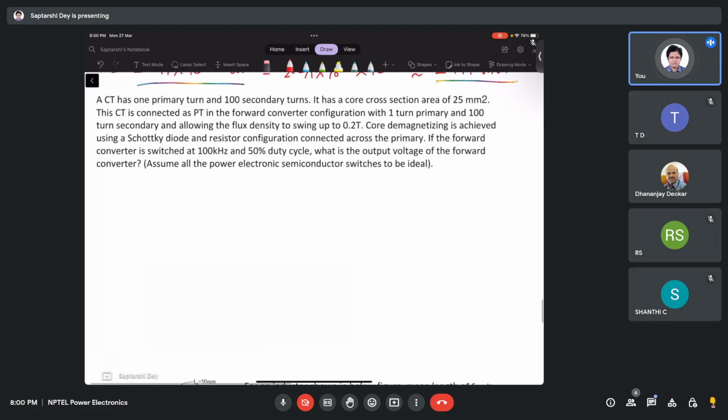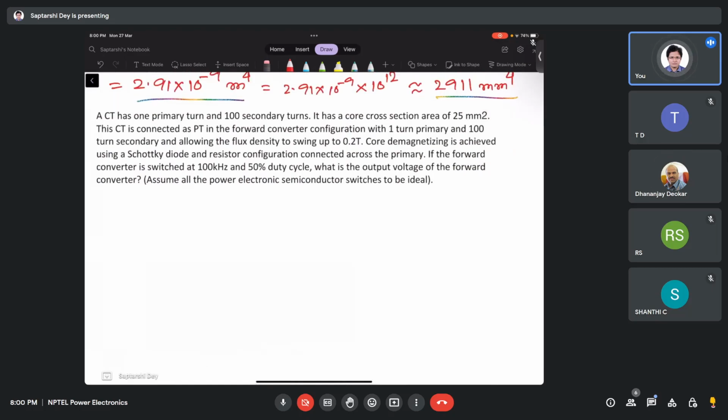A CT has one primary turn and 100 secondary turns. It is a current transformer. Okay? So N1 is 1, N2 is 100. It has a core cross section of 25 millimeters squared.